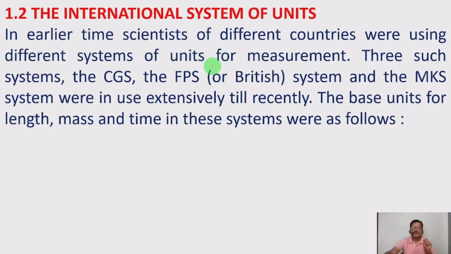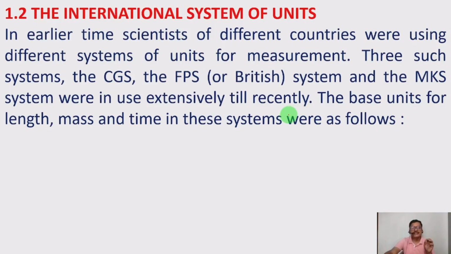In earlier times, scientists of different countries were using different systems of units for measurement. Earlier, all the countries were not connected well, and that's why different countries used different units, and a few groups of countries also used those units only.